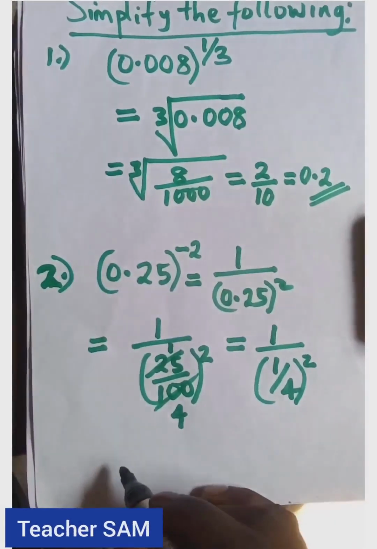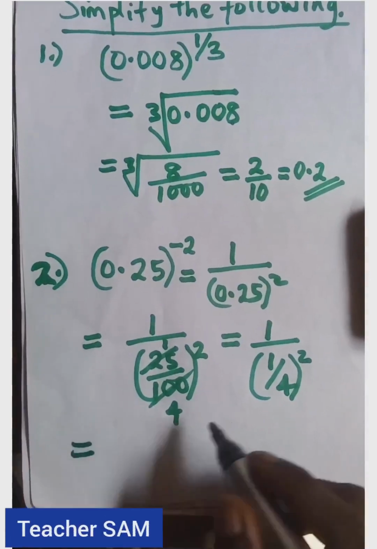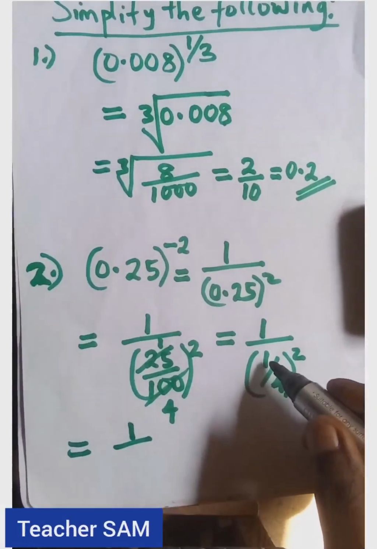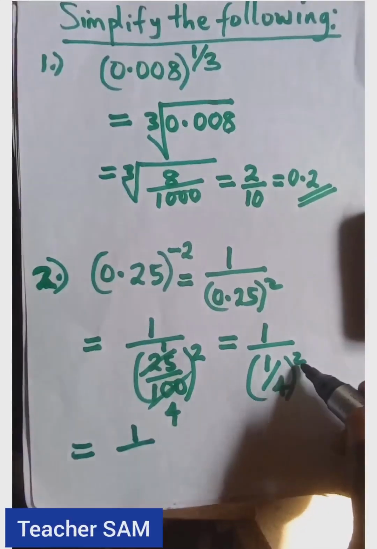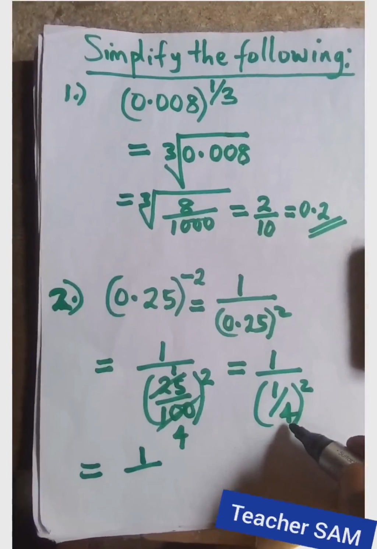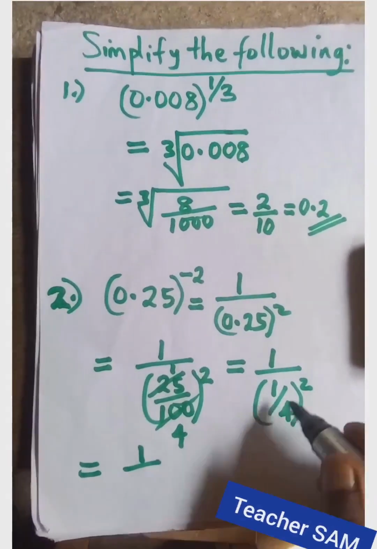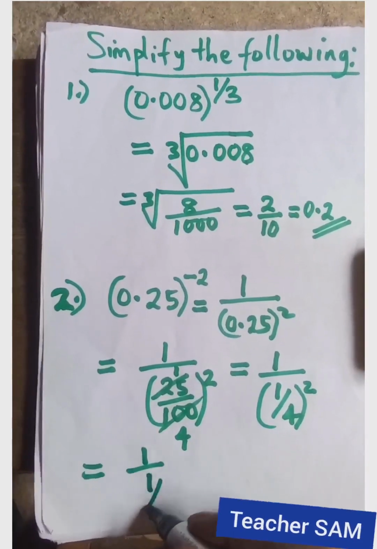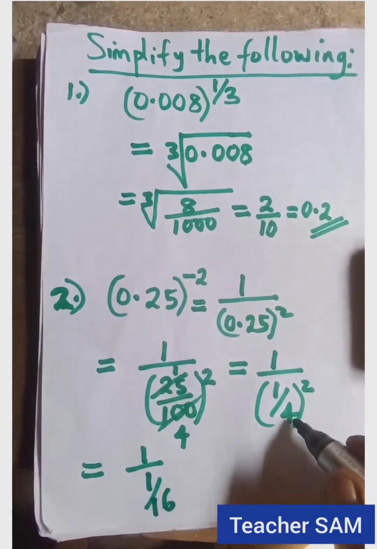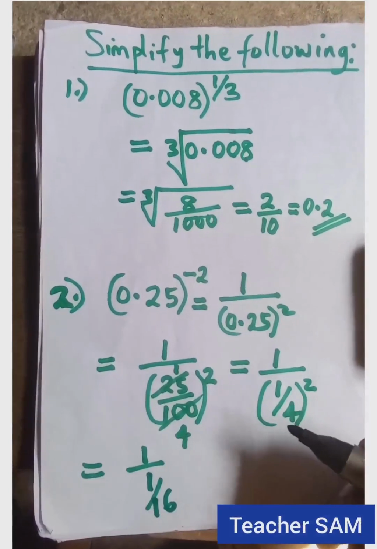Now remember from indices, since we have 1 over 4 raised to power 2, it will be 1 raised to power 2 and also 4 raised to power 2. So 1 raised to power 2 is 1, all over 4 raised to power 2, which is 16. So 4 squared is 16, 1 squared is 1.